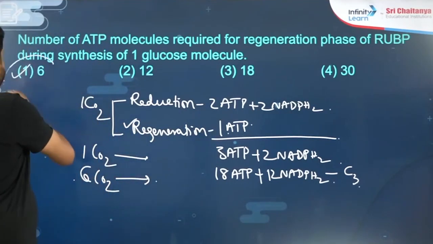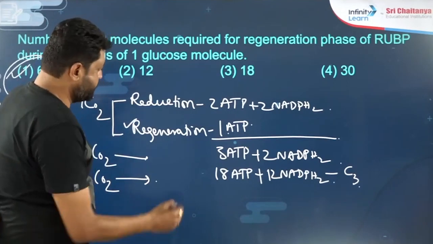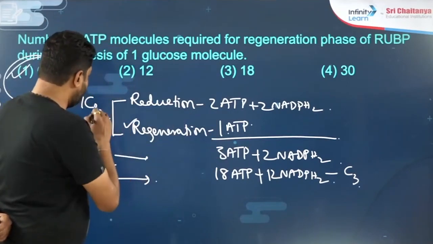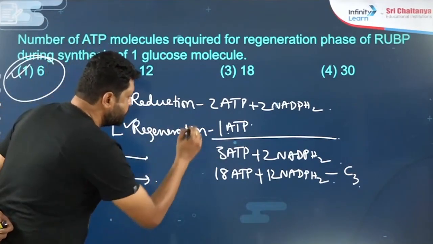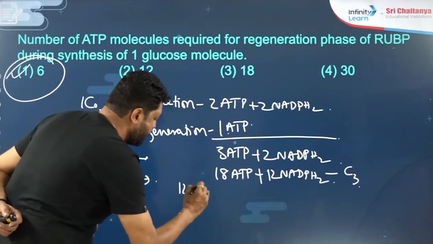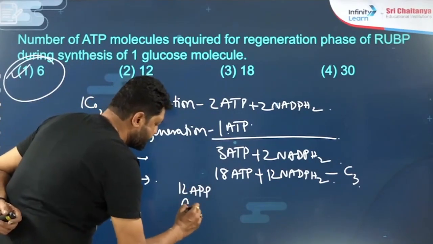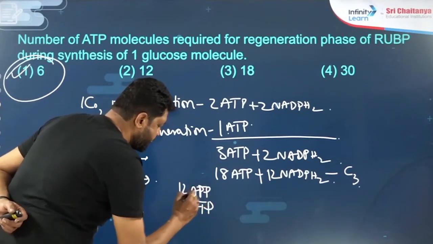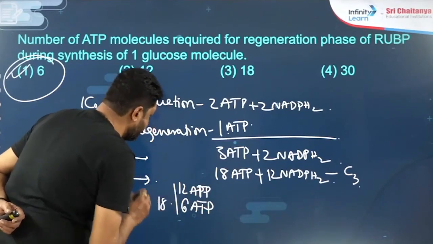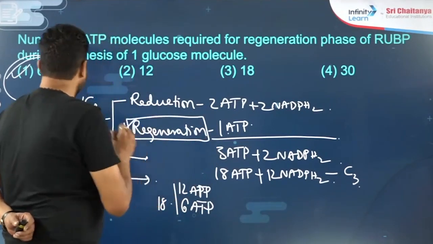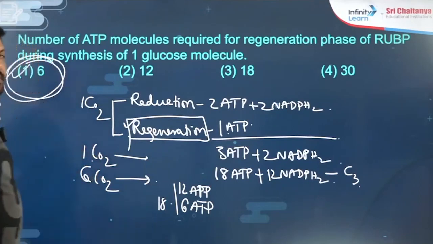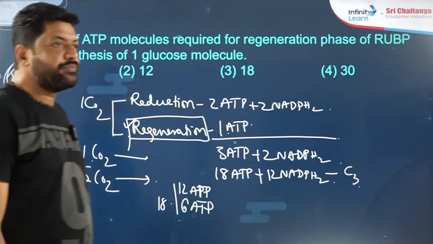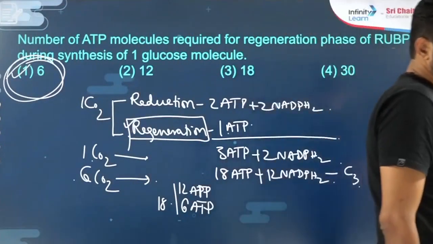If I talk about 6 CO2, 6 into 2, 12 ATP in reduction and 6 ATP in regeneration, together it is 18 ATP. So he is asking about regeneration only. Then the first option, that is 6, is the correct answer.